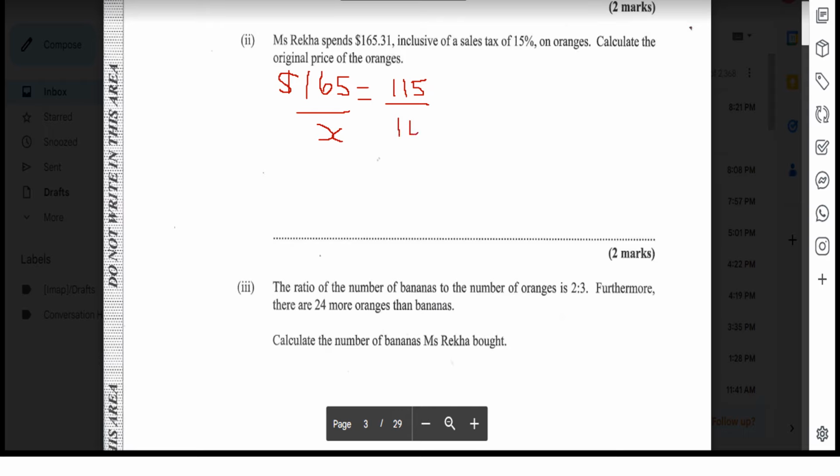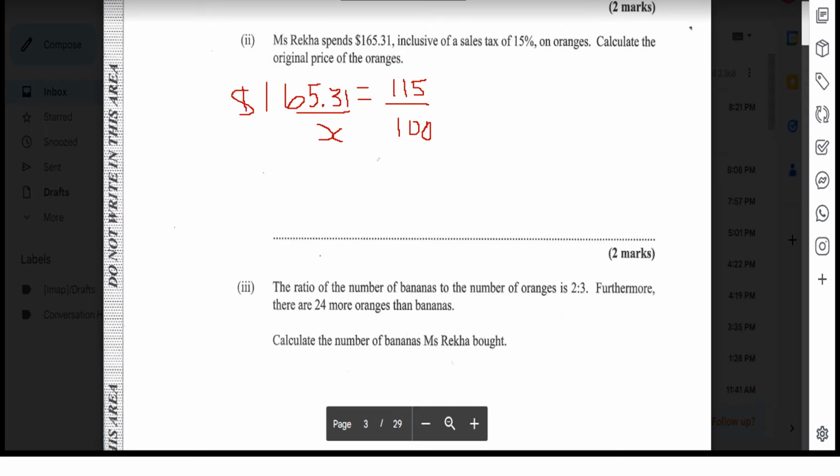But because of the sales tax of 15%, Miss Rika spent $165.31.